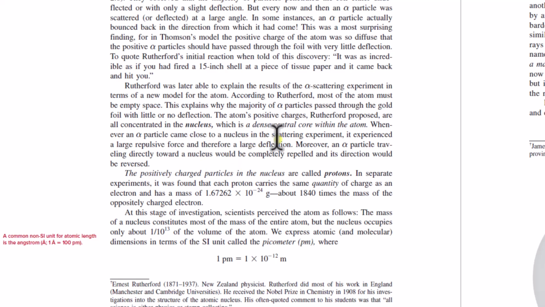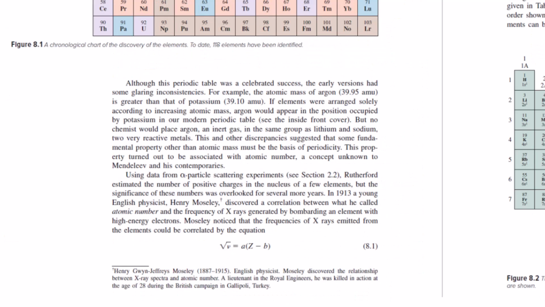Okay, so the conclusion was that the nucleus was composed of positively charged particles called protons. Now Rutherford also took it a step further and estimated the number of these positively charged protons in the nucleus for a few elements, but it says the significance of these numbers was overlooked for several more years.